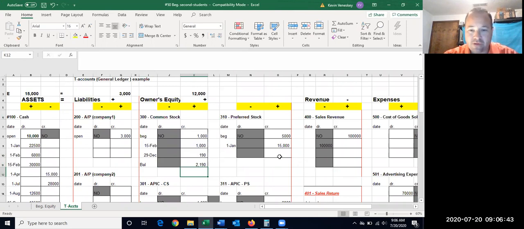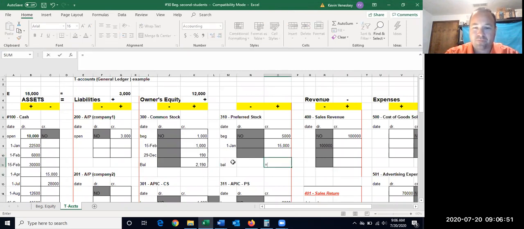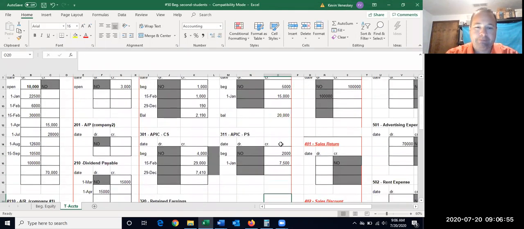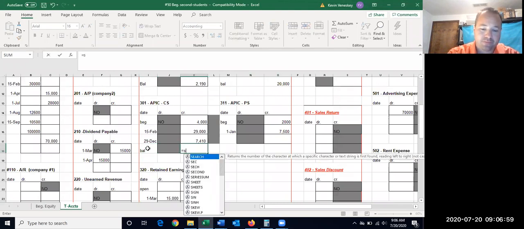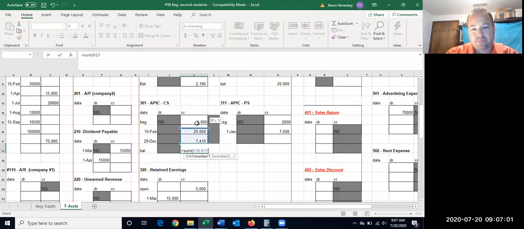So I would go ahead and do this along with me. We have our balance down here. I'll just put it down here. These two totaled up. We have our balance. Additional paid in capital.